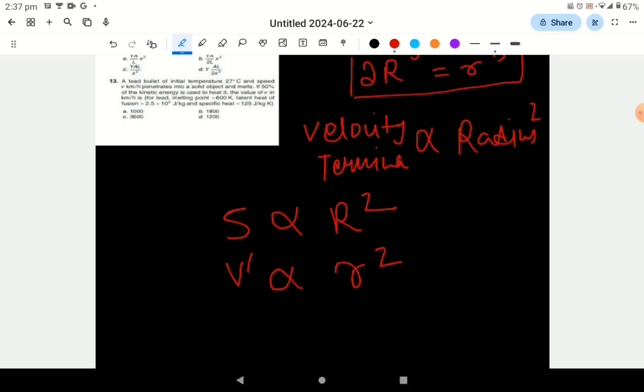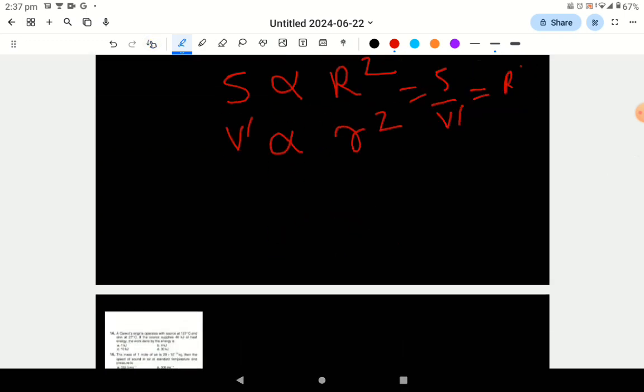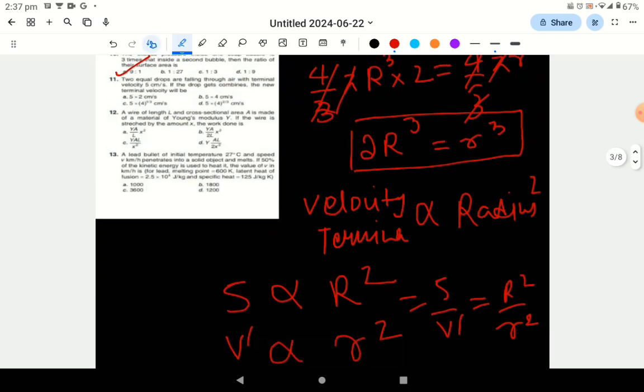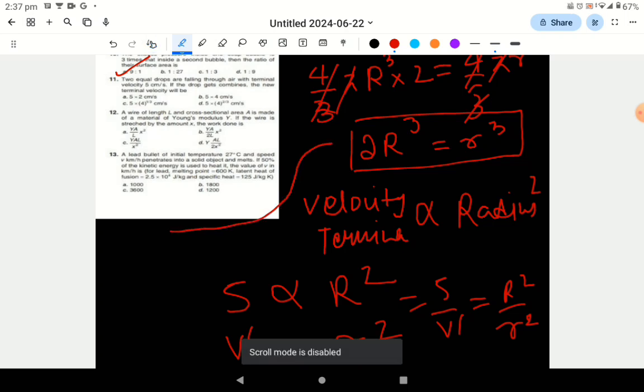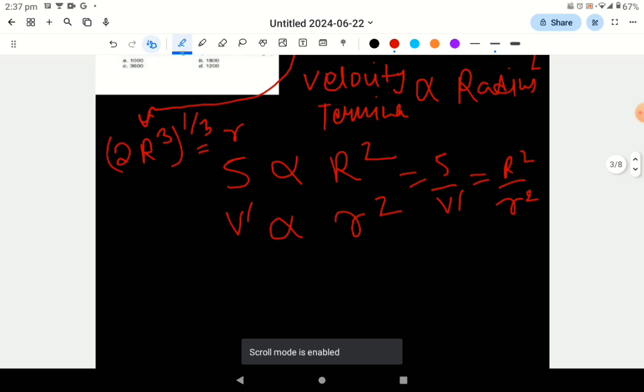Okay, so let's find that out first. We can say that 5 upon v dash is equal to r square upon R square, and from this relation we can say 2r cube to the power 1 by 3 is R. So we can use this here.